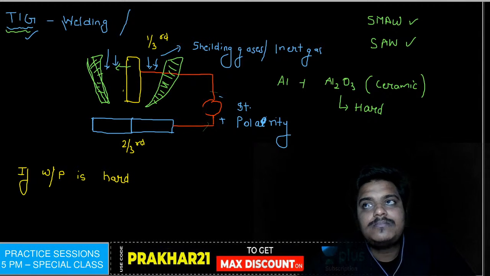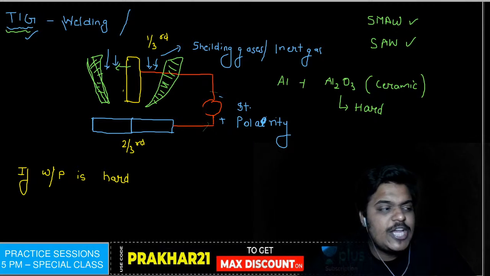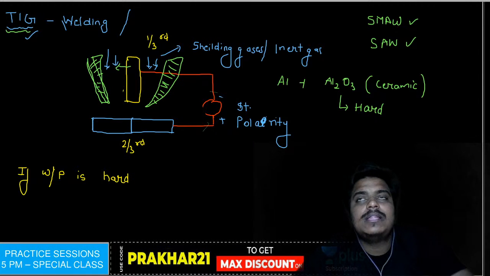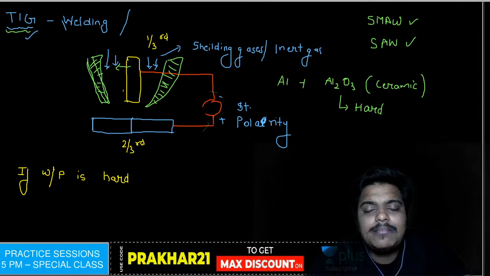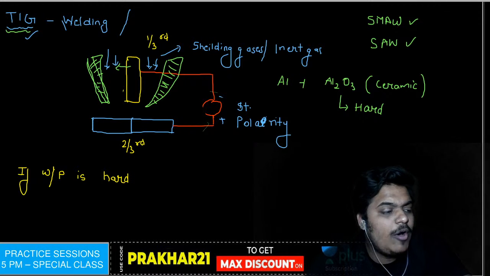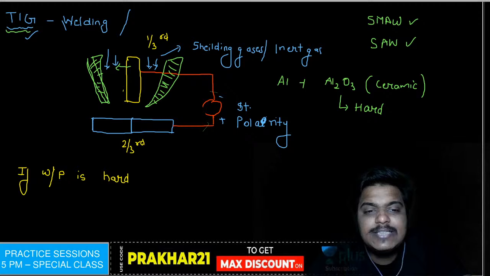Write like this. Change the paragraph and write. The process used for cleaning the Al2O3 layer with the help of movement of electrons is known as cathode cleaning.